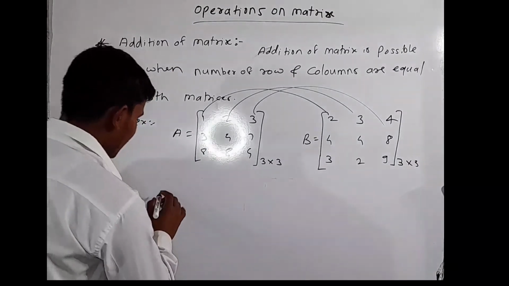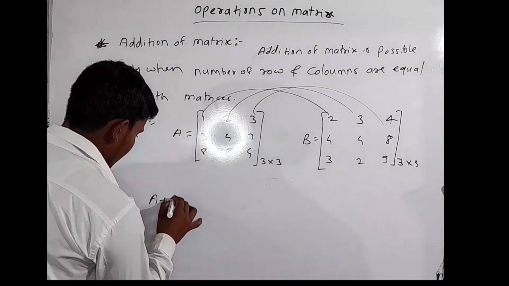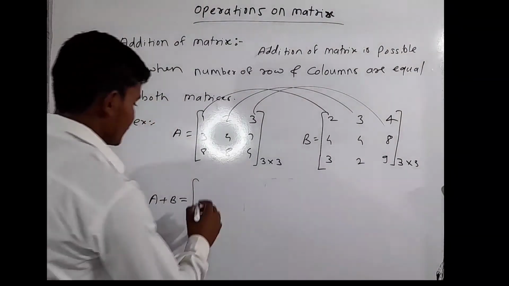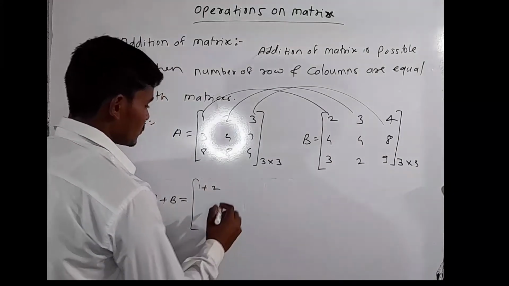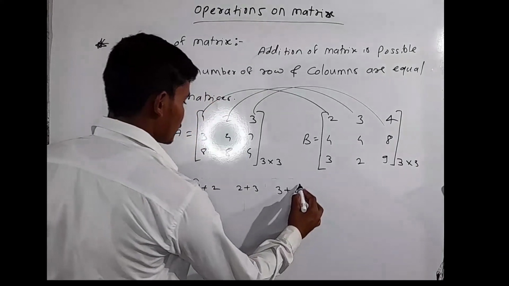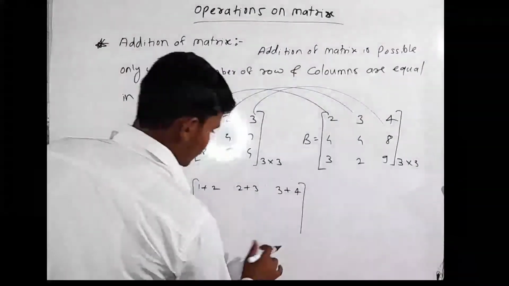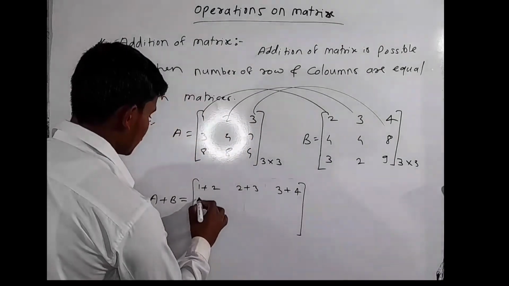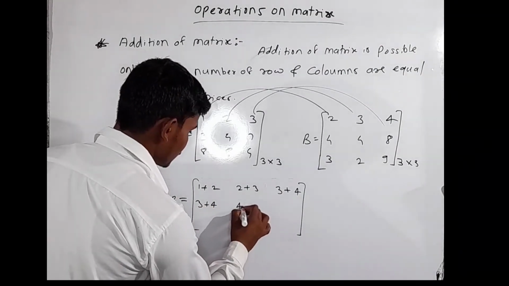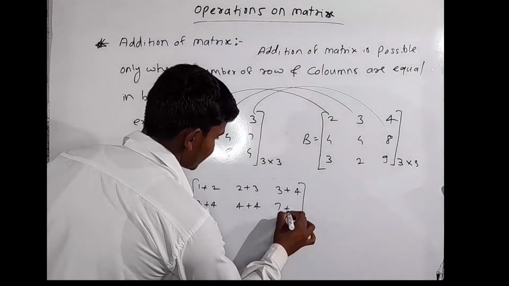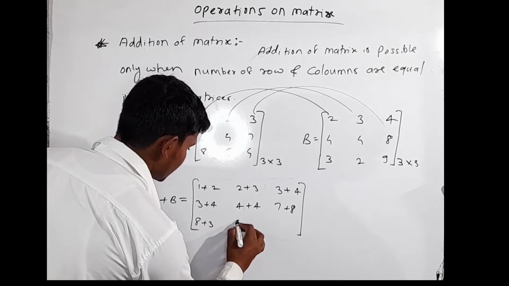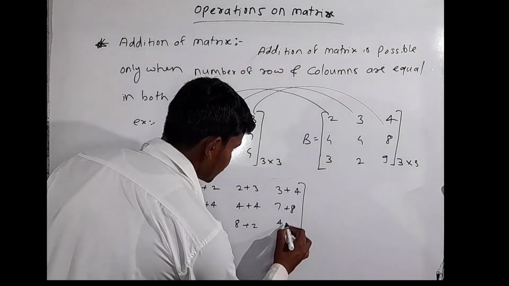So the addition of A plus B equals 1 plus 2, 2 plus 3, 3 plus 4, then 3 plus 4, 4 plus 4, 7 plus 8, and third row 8 plus 3, 8 plus 2, 4 plus 9.